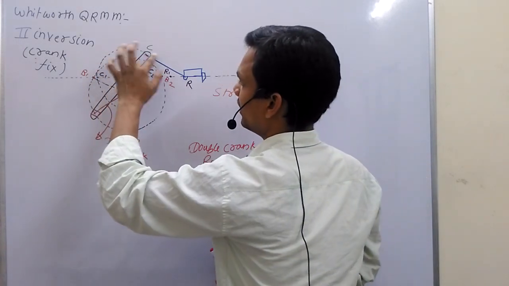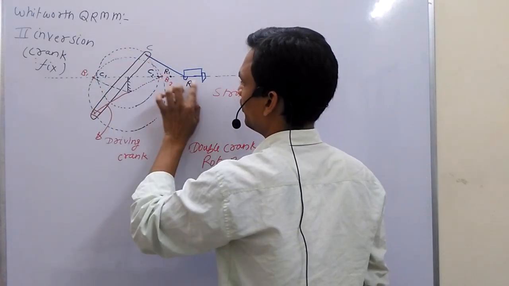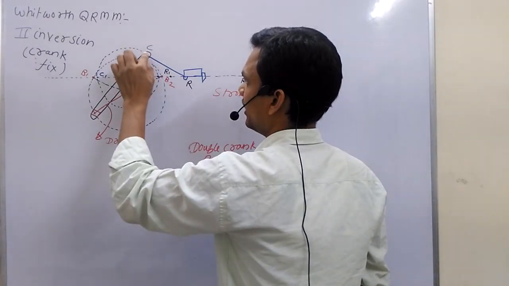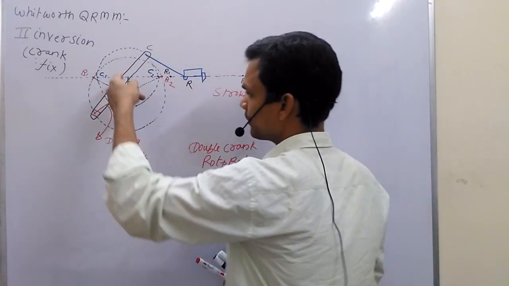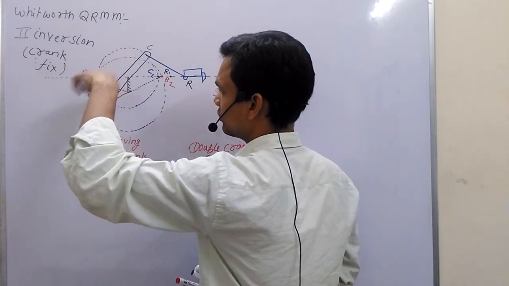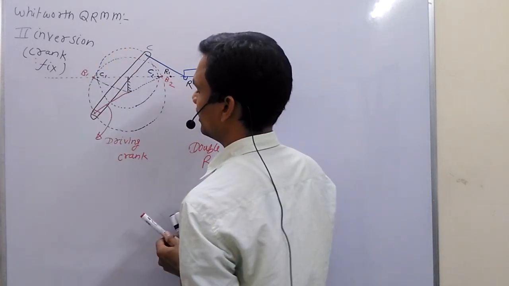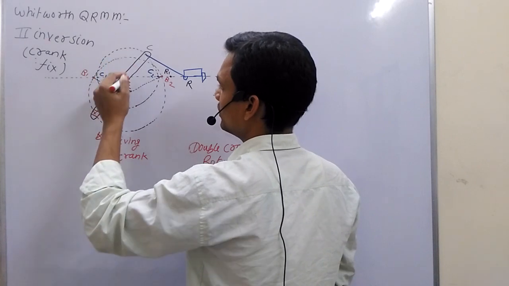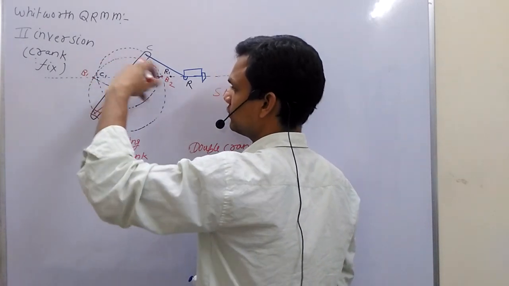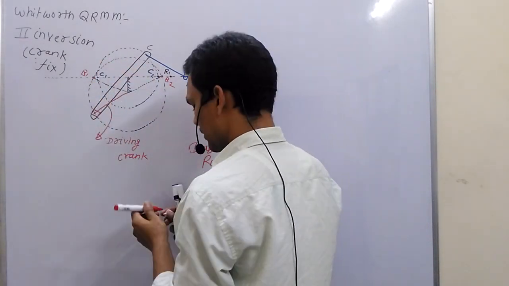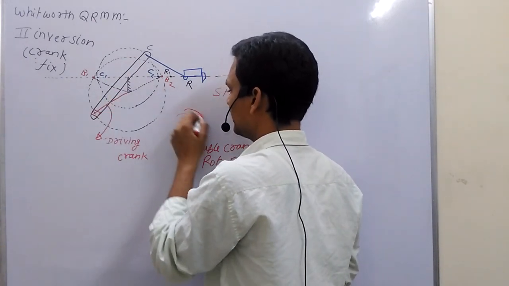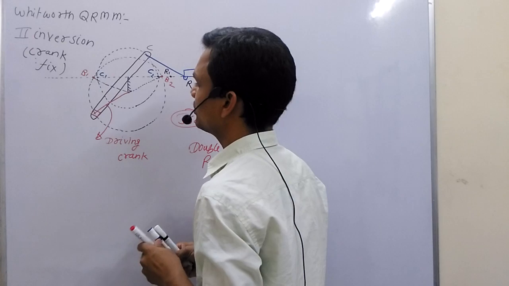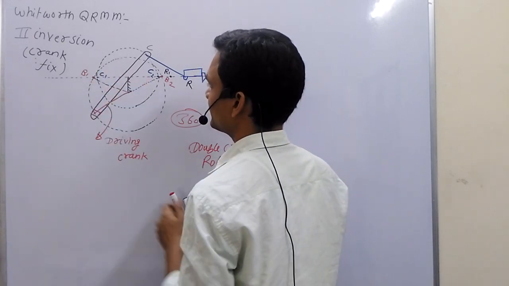Now I fix one point of this ram at the small circle and the driving crank at the big circle. Now if this slotted bar will rotate, because the smallest link is fixed, the slotted bar will rotate by 360 degrees, so that the complete rotation of the slotted bar takes place.